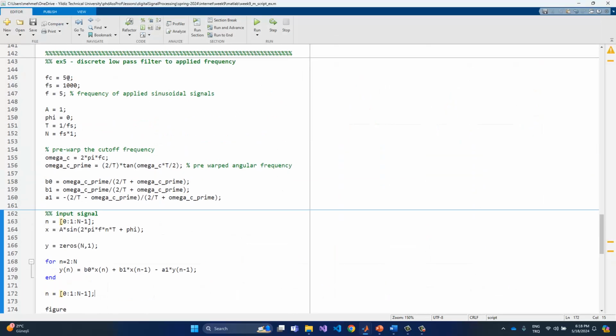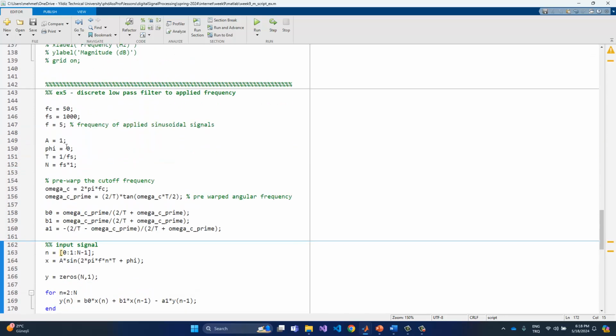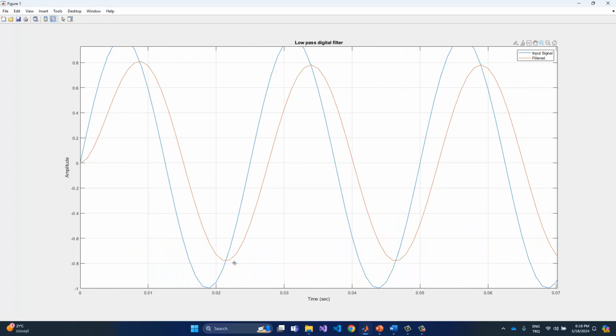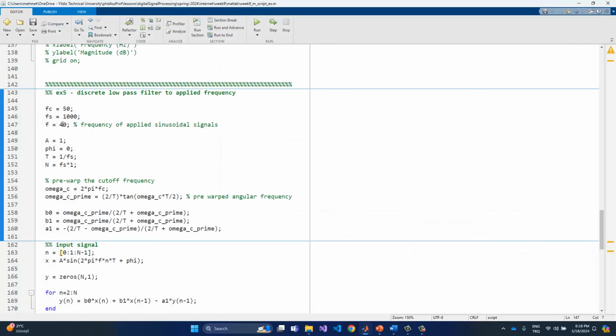Okay? And so our cutoff frequency is 50, but if I choose this f value to, for example, 40, what's the result? And so if I rerun this code, then our filtered response is different from each other, right? And so we give the 1, but our filtered response is coming from the 0.7 in here, for the 40.